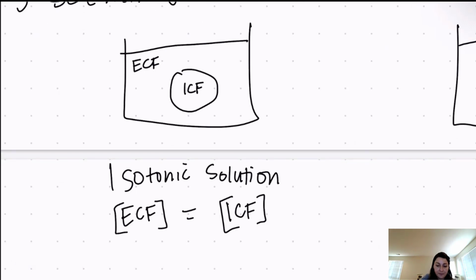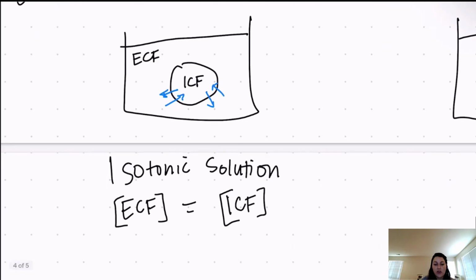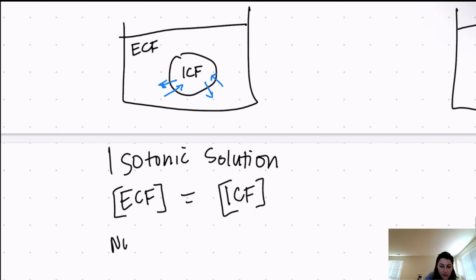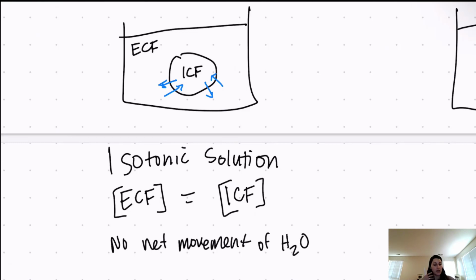So water still moves across the membrane, but the amount that the water is moving across the membrane kind of cancels itself out. So what we say is that there's no net movement of water. That's an isotonic solution.